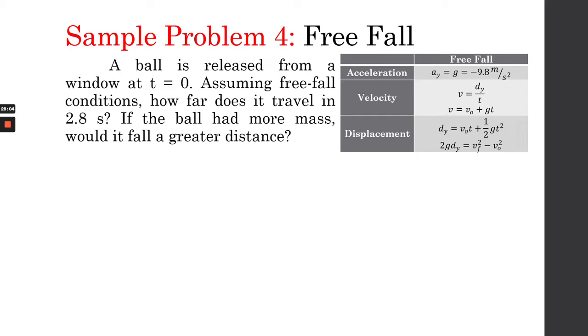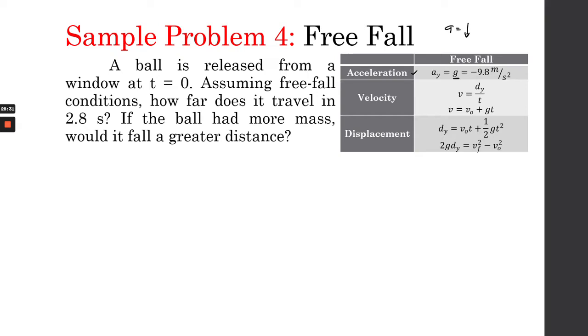So let's see which equation we have to use to solve our problem. But before that, remember that for free fall, the acceleration will always be g, which is negative 9.8 meters per second squared, because our acceleration for free fall will always be going down.